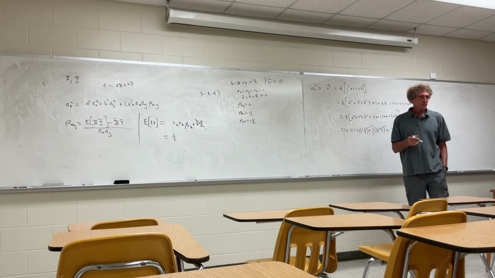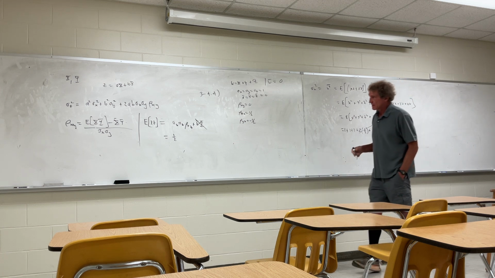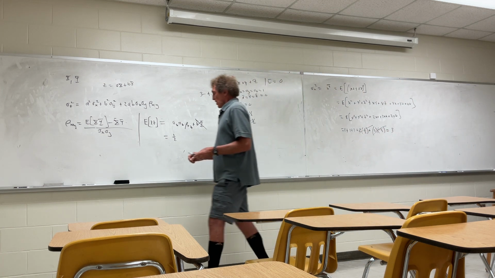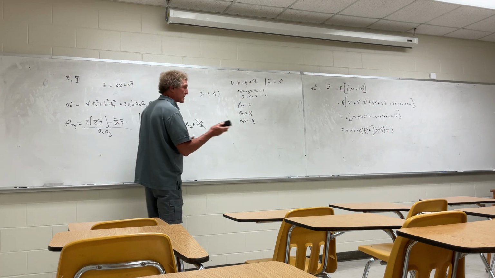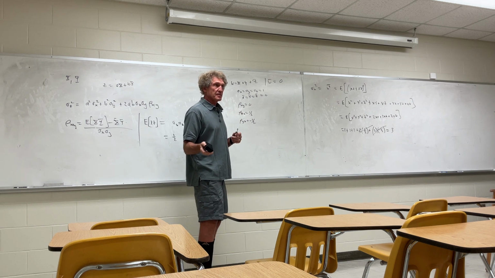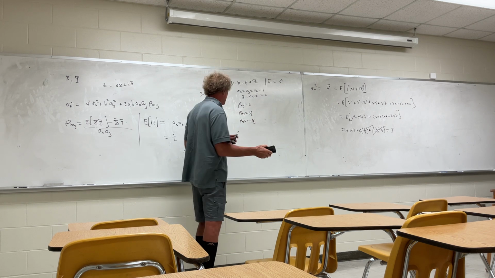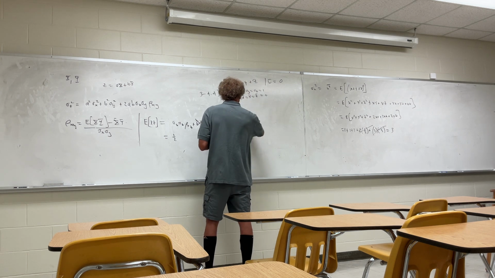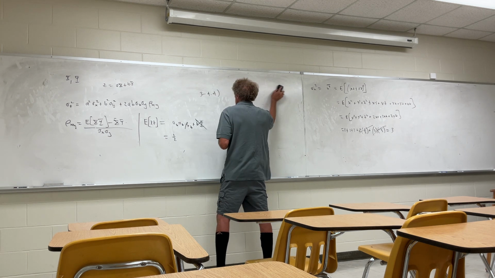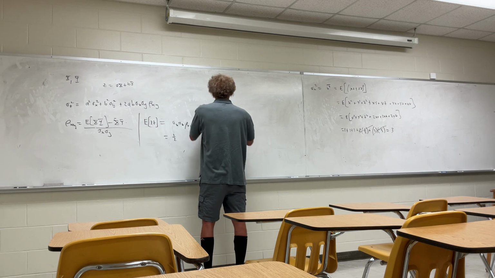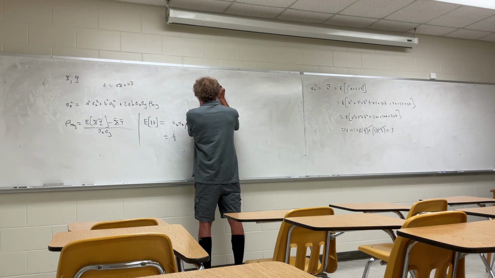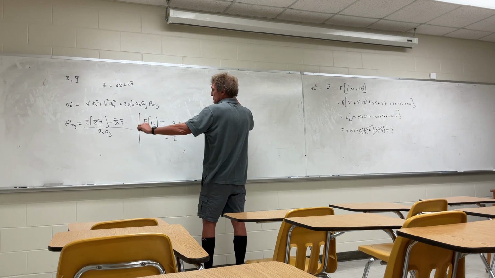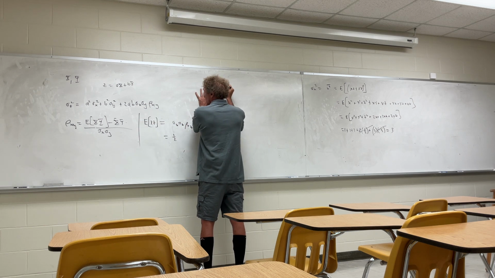What was the second? It asks for the correlation coefficient of W and X. That's one where you have to do the multiplication. Are you all with me on this?